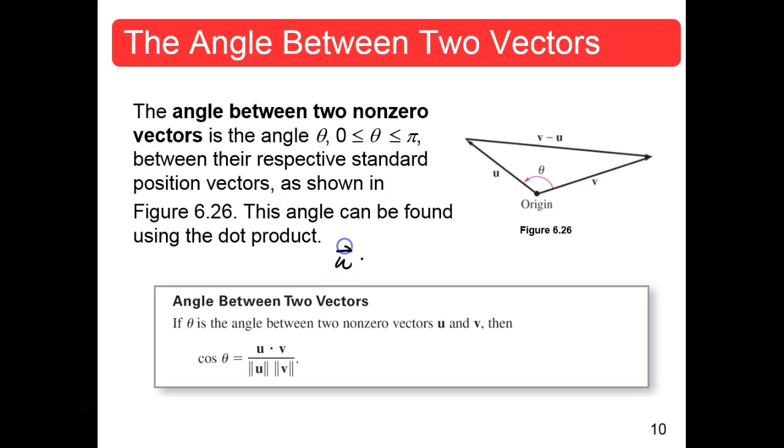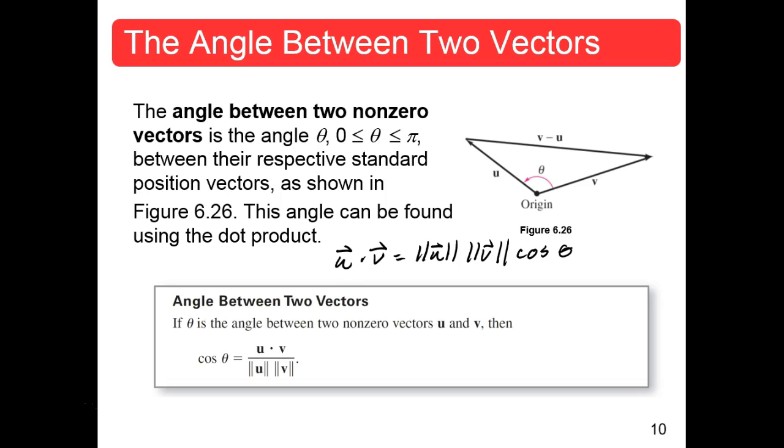That u dot v is equal to the magnitude of u times the magnitude of v times the cosine of the angle in between them. That is another definition of a dot product. Notice this is a magnitude, a scalar, and that's a scalar. So your dot product comes out as a scalar.